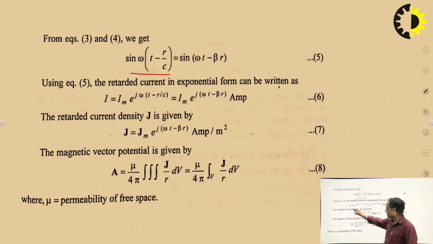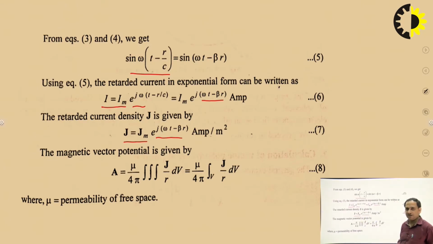So the retarded current, when we write it in exponential form, is I equals Im e to the power j omega t minus r upon c, which is equivalent to omega t minus beta r. The retarded current density is J equals Jm e to the power j omega t minus beta r, right?